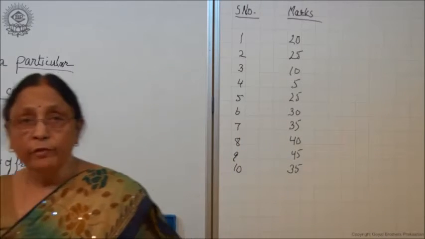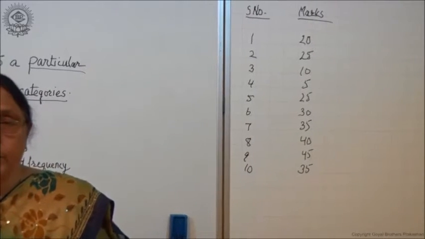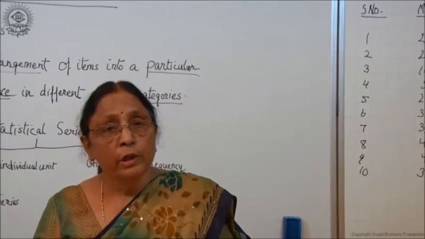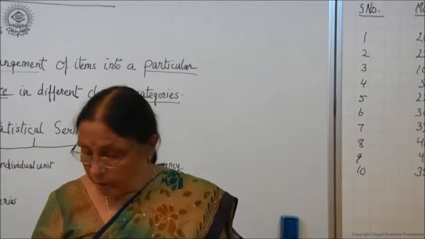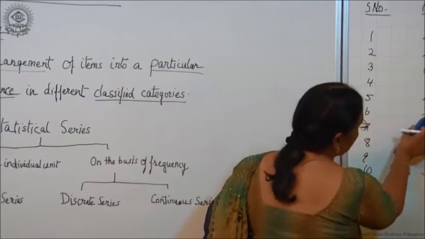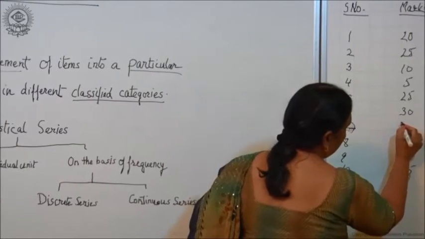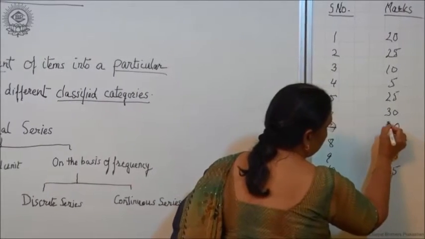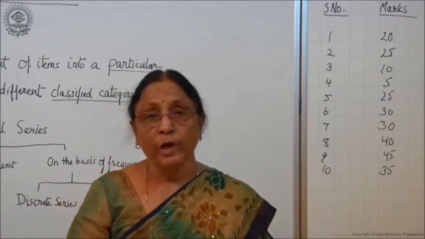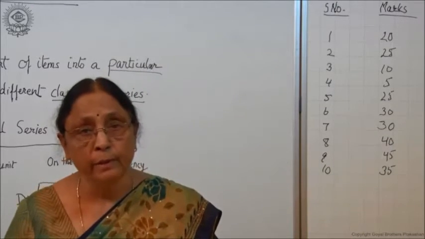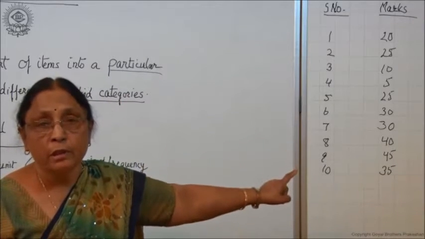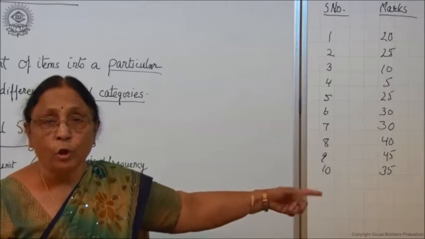This is the case of individual series, because individual items are taken into consideration. And remember again that suppose two children have scored 30, then in that case you will not note down the marks in the form of frequency. You will write down the marks in individual units, whether the number is repeated or not.